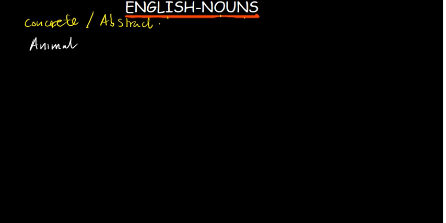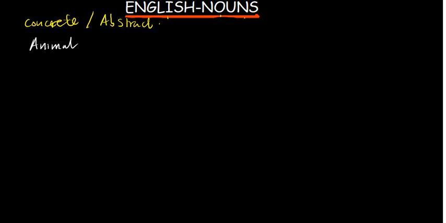When you're talking about animal, is it concrete noun or abstract noun? Remember, abstract nouns are nouns that you cannot touch, and then concrete, these are things or people that you're able to touch.